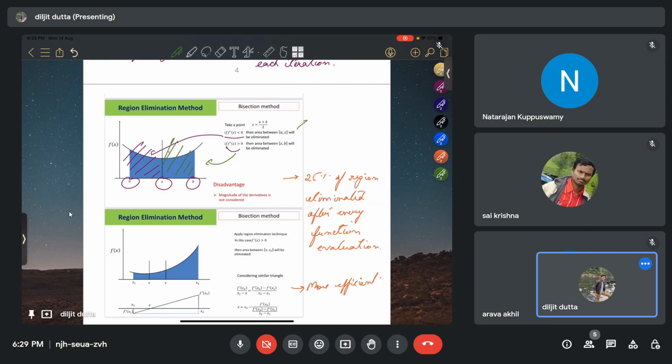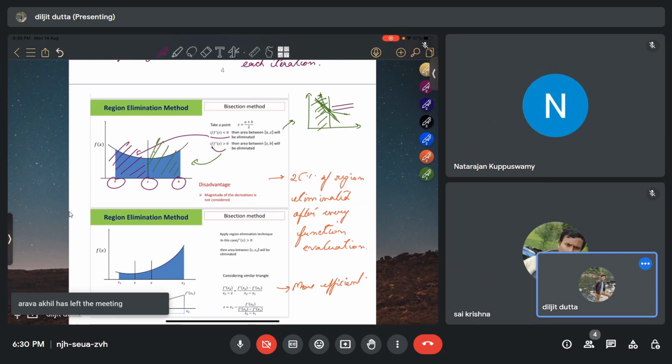Let me show a small graphical example. If the function is like this, and this is z, the slope will be like this, so the slope is negative. In that case, the optima cannot be in this region, so we can eliminate this region. The optima will be somewhere on the right side only.